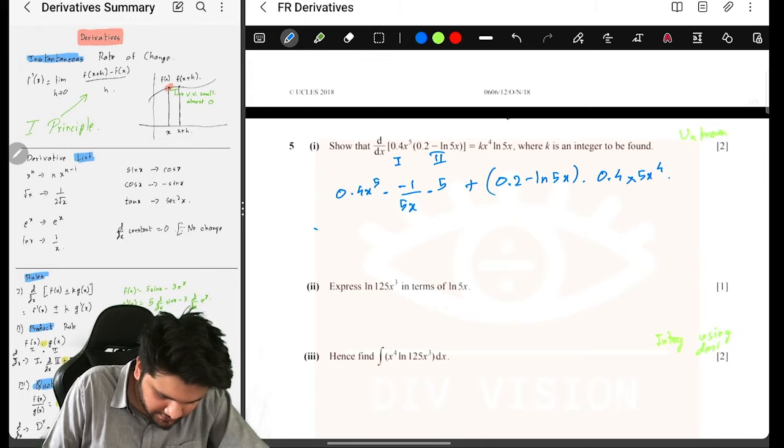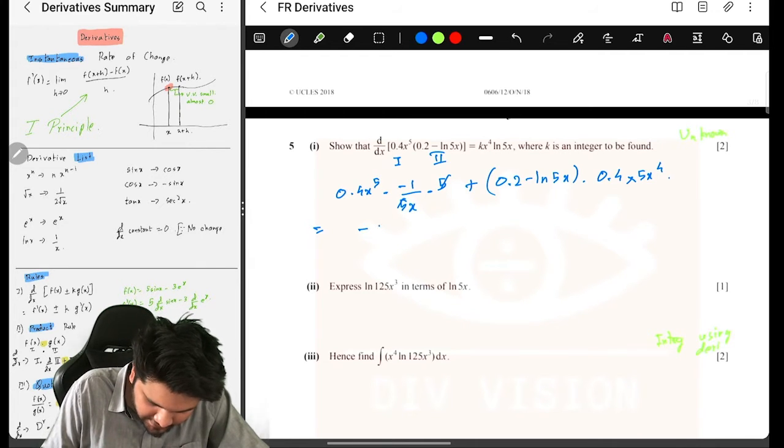So this is going to be what? 5 cancels, and you will get minus 0.4x to the power of 5, I hope.